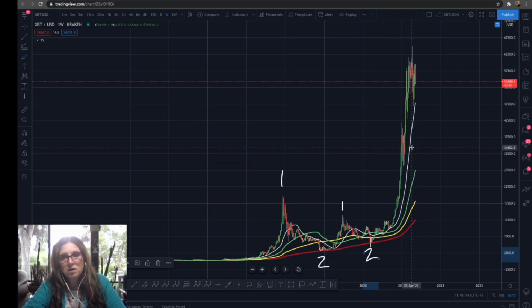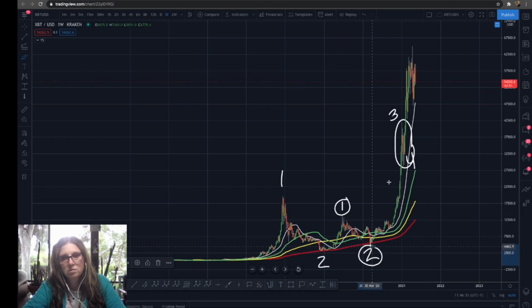Now obviously right in here, we have an obvious correction, which tells me this is a subdegree third and a subdegree fourth that goes with this wave 1 and this wave 2.